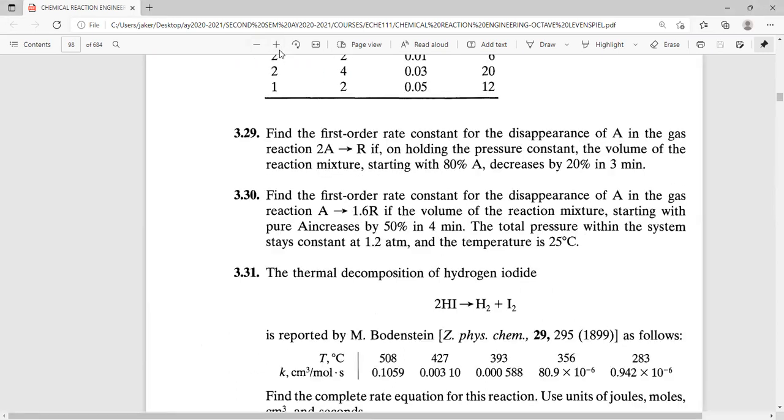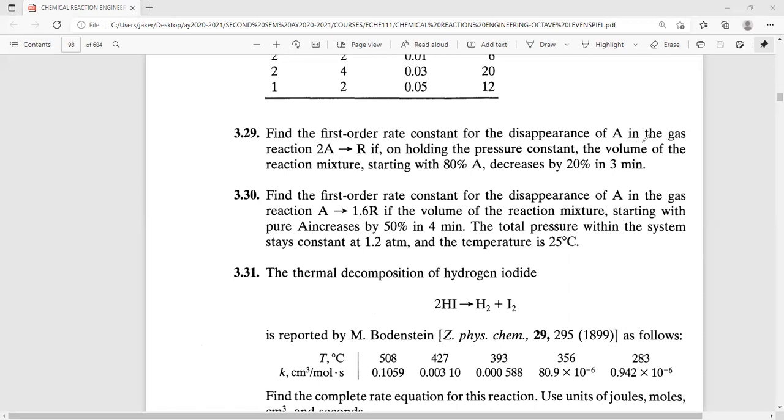Yes, Miss. So you have there in problem 3.29, you are to find the first order rate constant for the disappearance of A in the gaseous reaction 2A forming R, if on holding the pressure constant, the volume of the reaction mixture starting with 80% A decreases by 20% in 3 minutes. Now, there are a lot of things here that tell you that you really have to use the formulas for varying volume batch reactor.